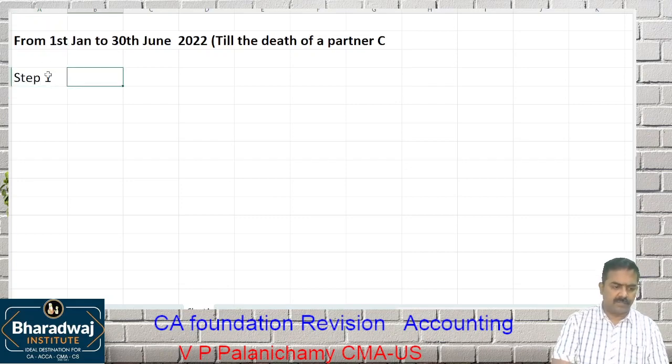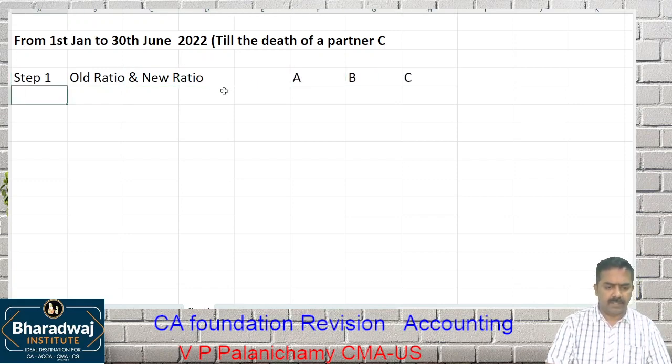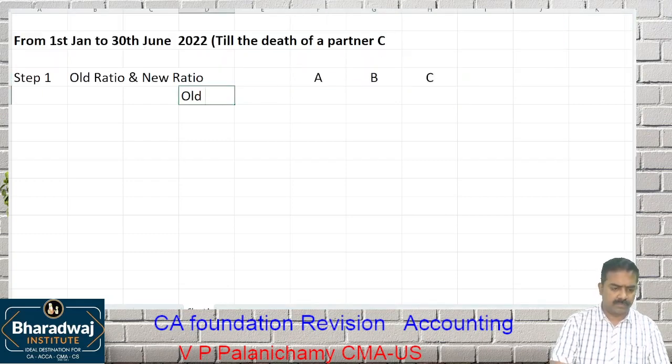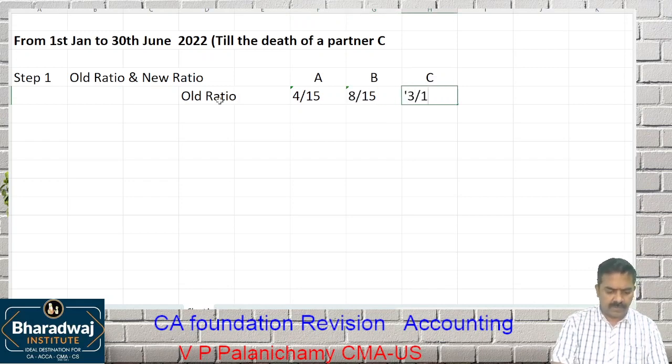Step 1. What is the old ratio? Who are the old partners? A, B, and C. Old ratio is 4/15, 8/15, 3/15.